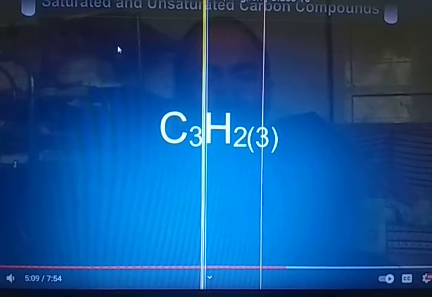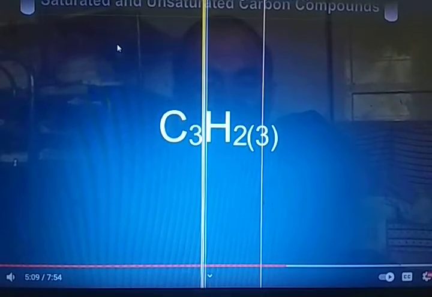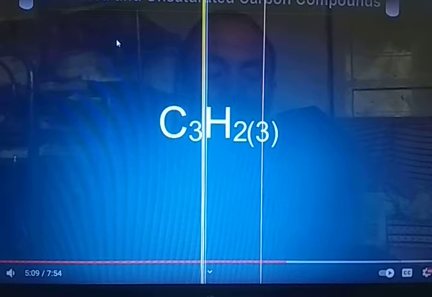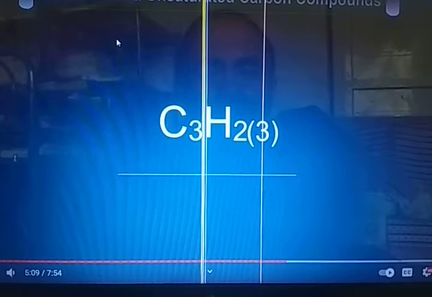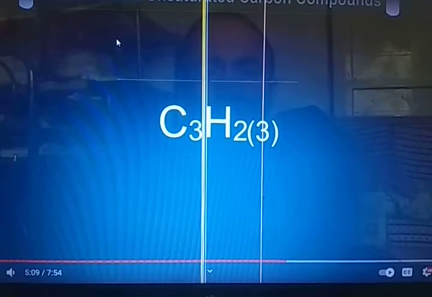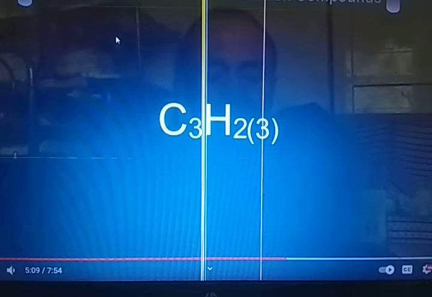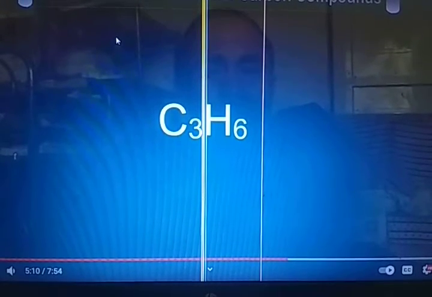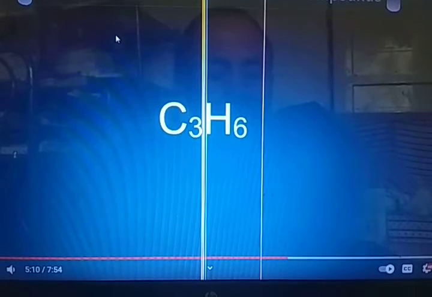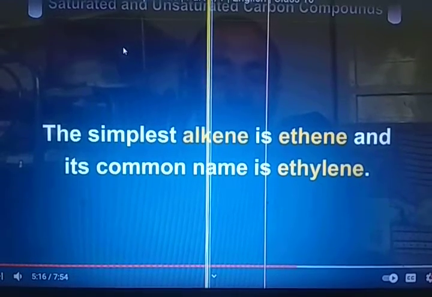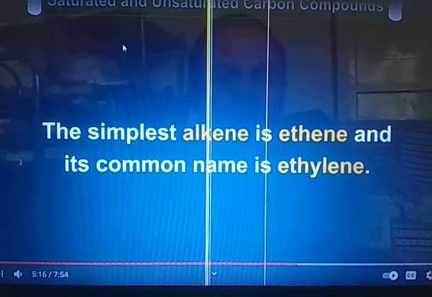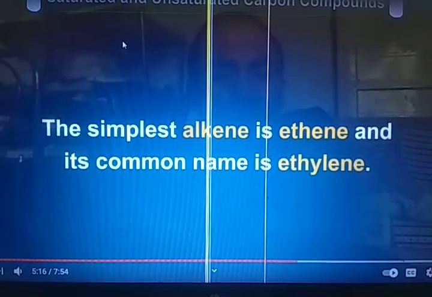Similarly, when n is equal to 3, CnH2n will be C3H2 into 3, which is equal to C3H6. And the simplest alkene is ethene, and its common name is ethylene.